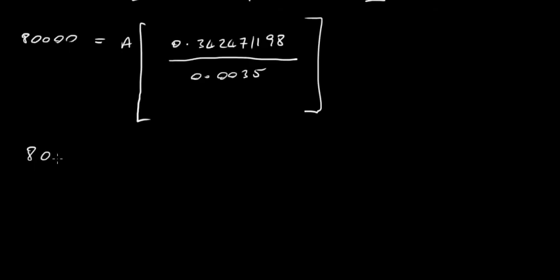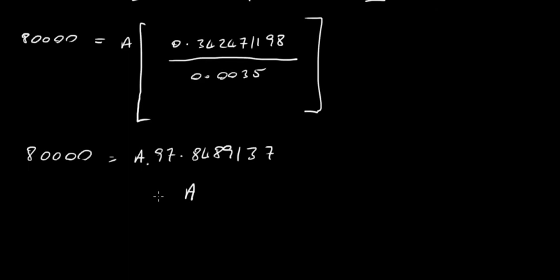So again we have our 80,000 here, and we have our A. When you divide these two here you get 97. This is multiplied here. 97.8489137. Okay, so all we've got to do now is divide these two here.